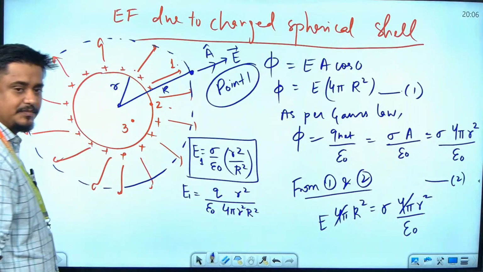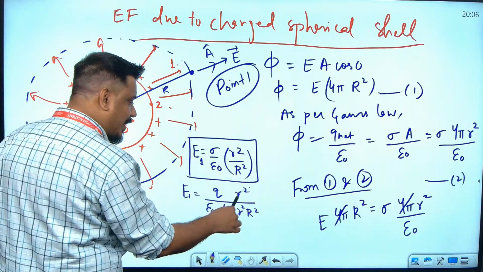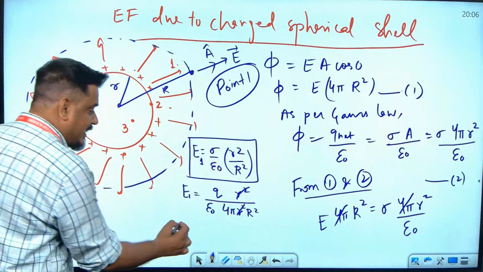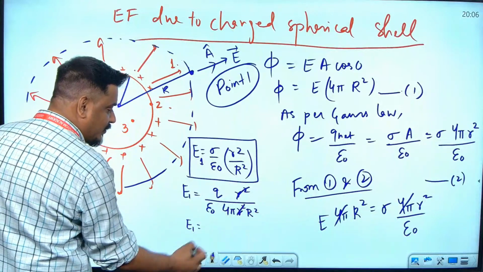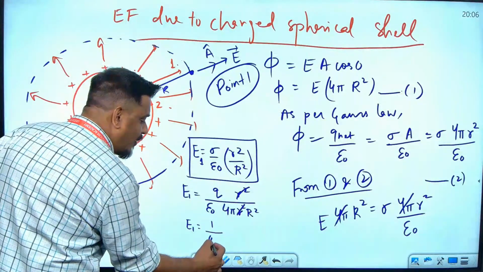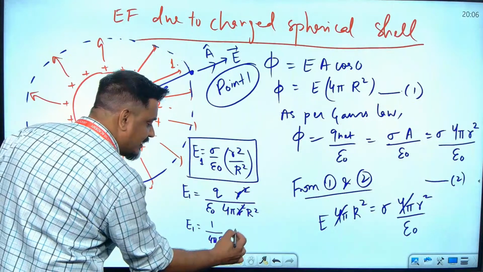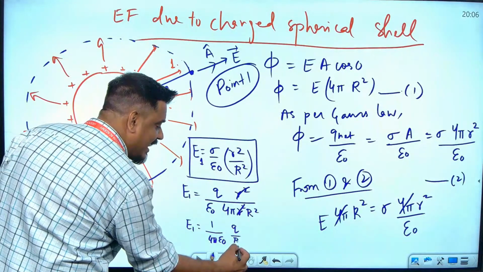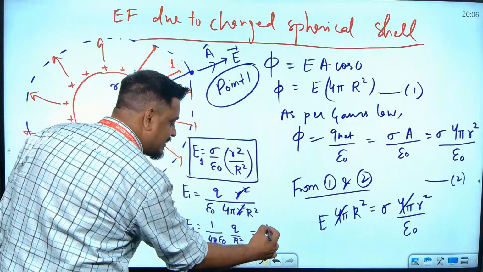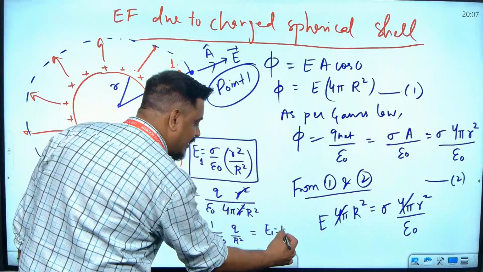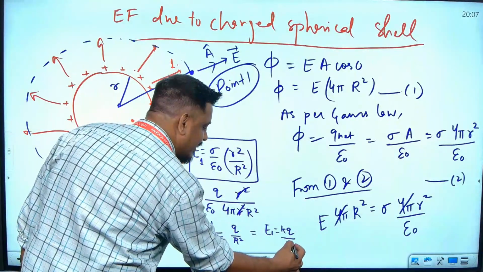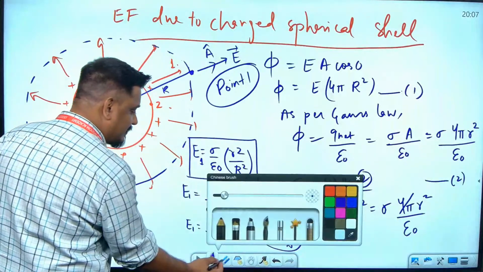Do you agree with me? Small r square gets cancelled. E1 will become equal to 1 by 4 pi epsilon naught into Q by R square. Actually, E1 is equal to KQ by R square. What is the meaning of this, man?